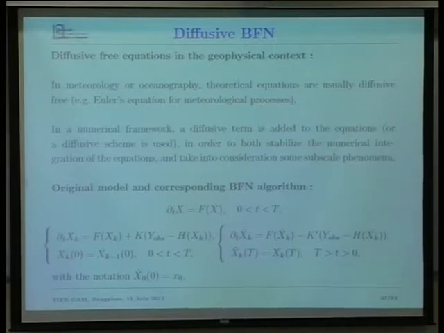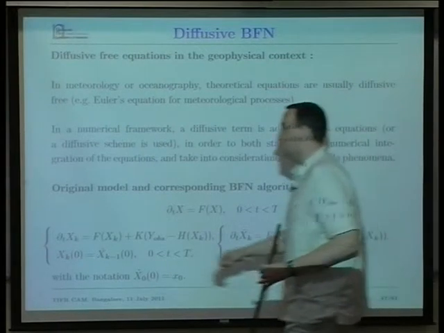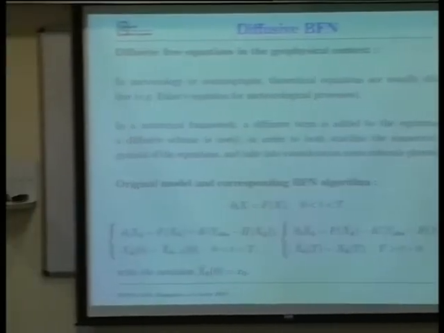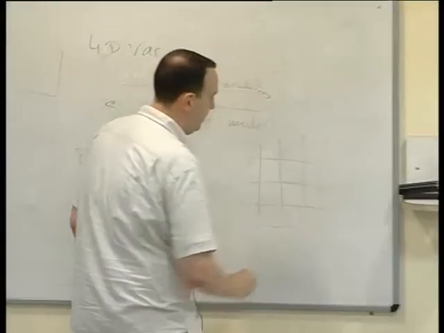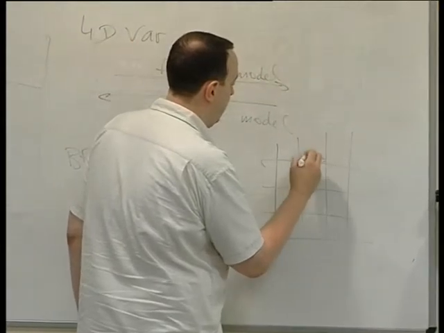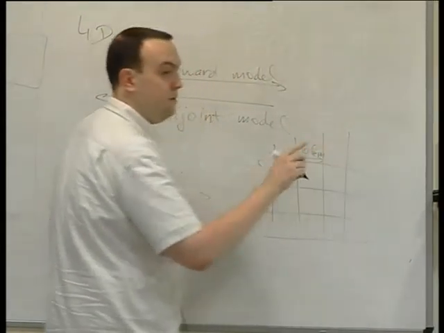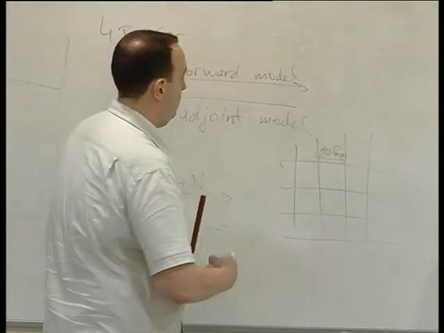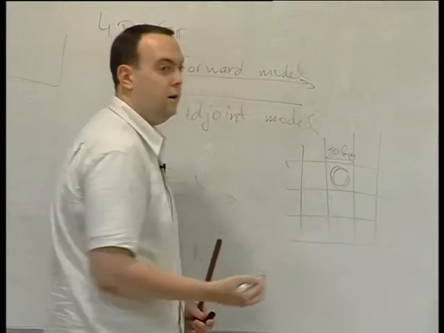Also, the diffusion term is there to take into consideration some subscale phenomena, because you discretize along a grid. So your space looks like that. And if, for instance, for a meteorological model, you have 10 kilometers between two grid points, your model cannot take into consideration what happens inside a cell.